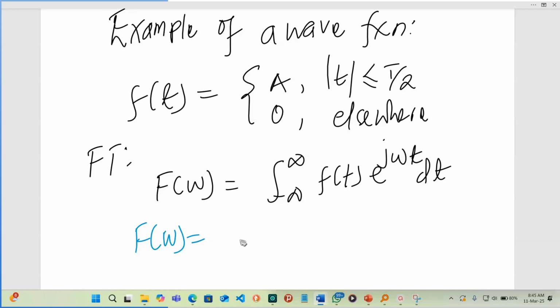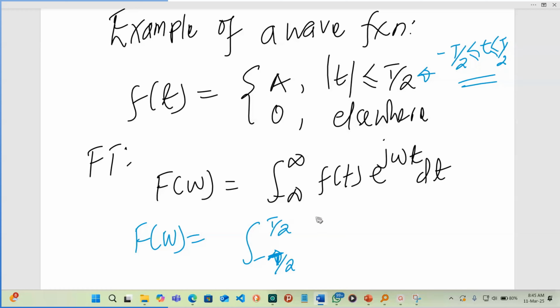So the Fourier transform will become integrating from negative T over 2 to T over 2, because this interval is the same as negative T over 2 less or equal to t less or equal to T over 2. That's what it means.